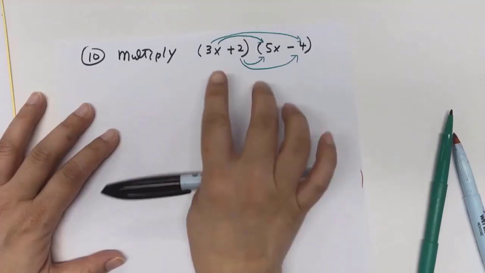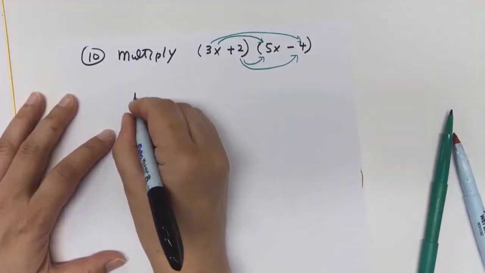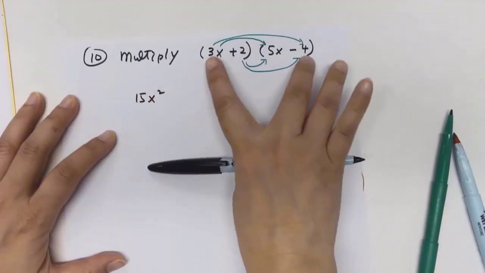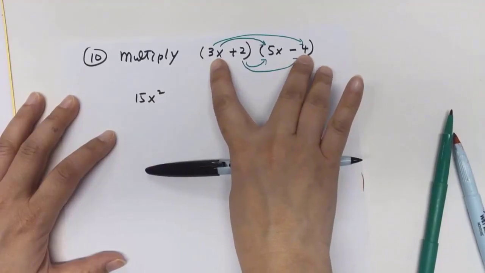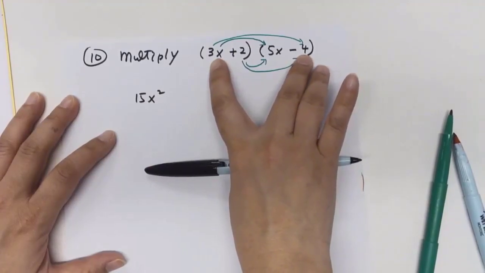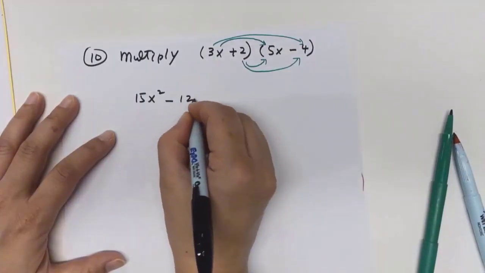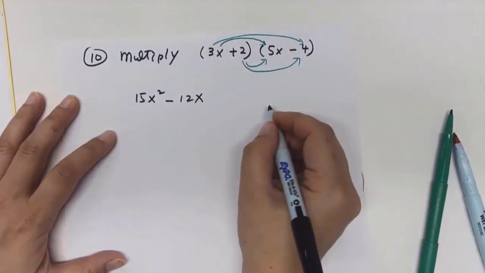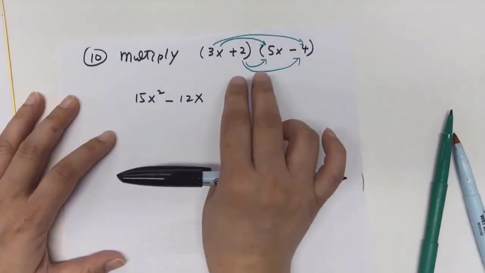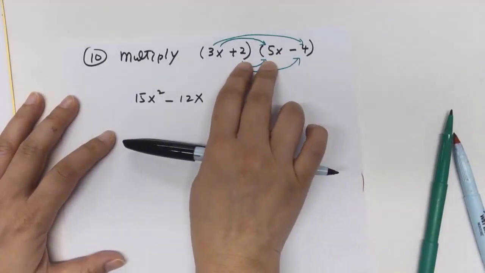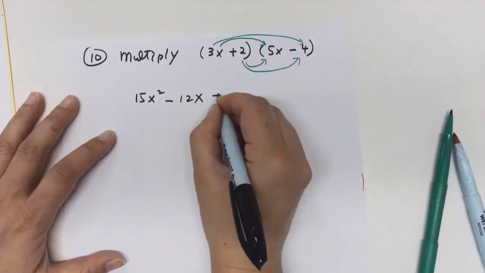The first term is 15x squared. And then negative 12x. Okay. Alright. And then inside we have plus 10x.